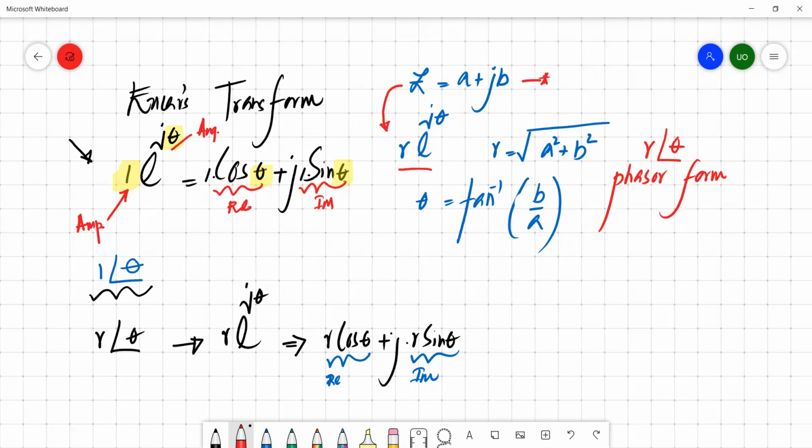If you convert any complex number into this phasor form, it should be in the form r theta, where r represents the magnitude or amplitude of the number, and theta represents the phase. Okay.